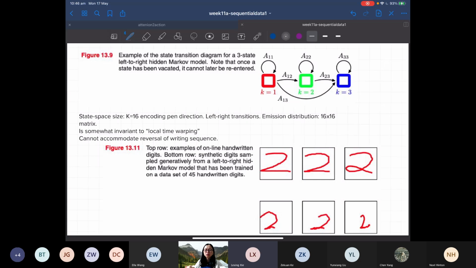The encoding of the writing is pen direction. It basically says there are 16 directions of the pen, assuming that we sample the pen directions. In here, we're not looking at images, because if we're working with a tablet or stylus, we have more information about which pixel is hit first.